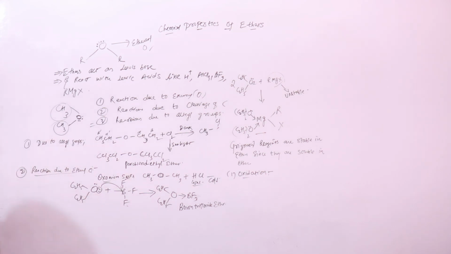So I hope this concept is clear: why peroxides are not safe, and how you can detect the presence of peroxides, by shaking the ethers with freshly prepared ferrous sulfate solution, followed by an addition of potassium thiocyanate.